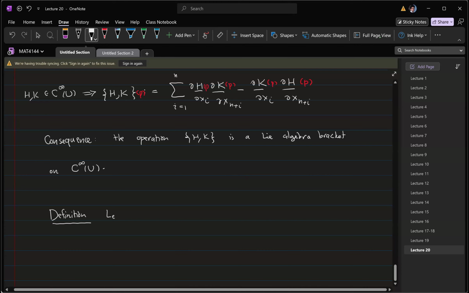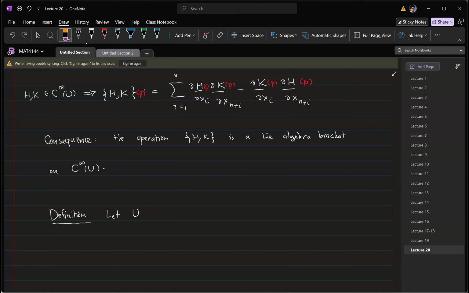So let U be in R^2n. Well, we can assume R^n for now. We don't have to specify it anymore.